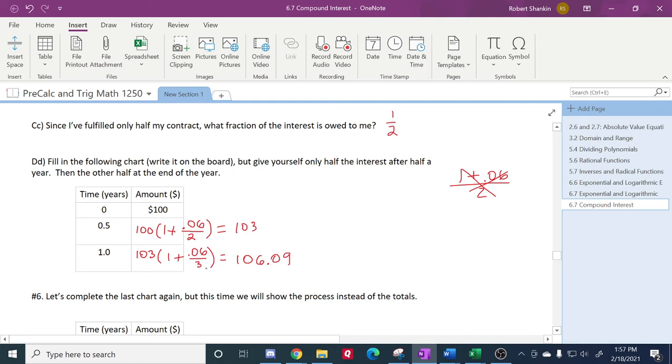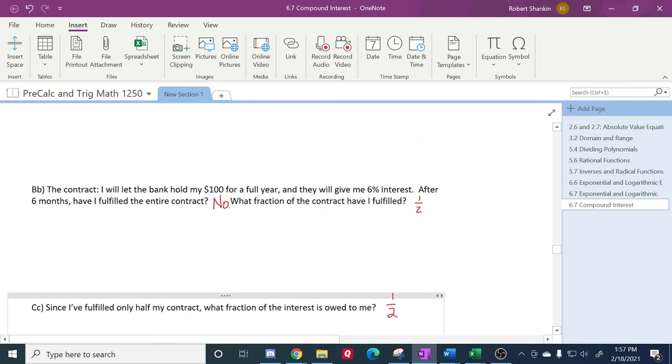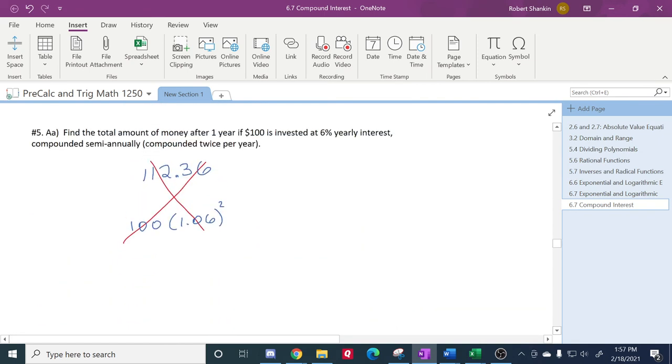Now, let me tell you, up here, this situation would have what you would call an effective interest rate of 12.36%. Because $100 turns out to be 112.36.